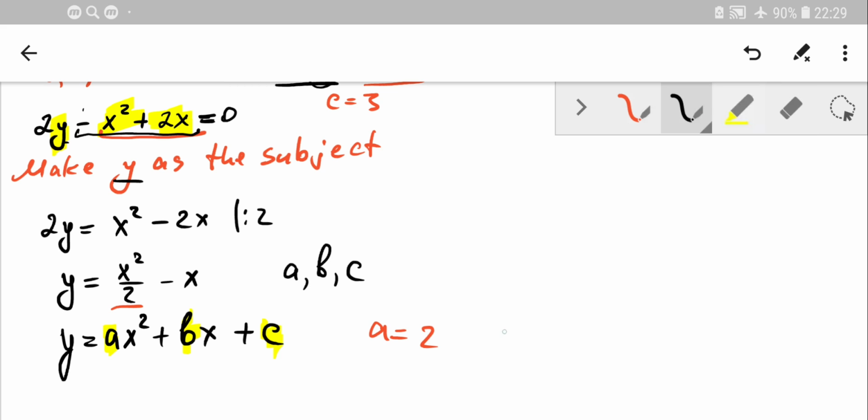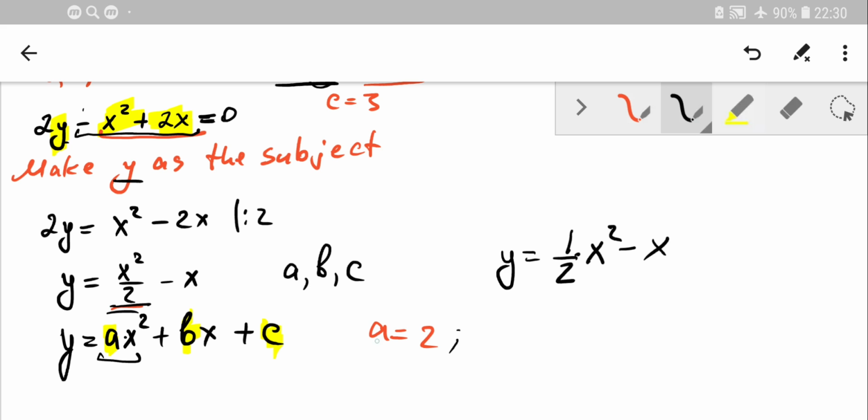So what are you going to do? Before saying what the a coefficient is, you need to arrive at the model a times x squared. Because you have x squared over 2, that means in your equation, y equals 1 over 2 times x squared minus x. You just rewrite it through multiplication.